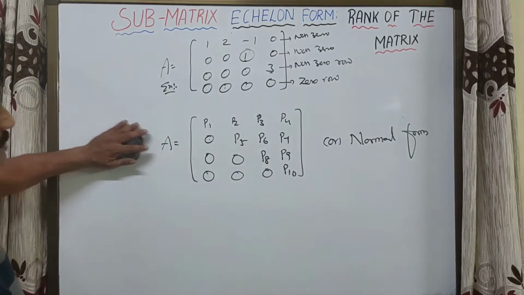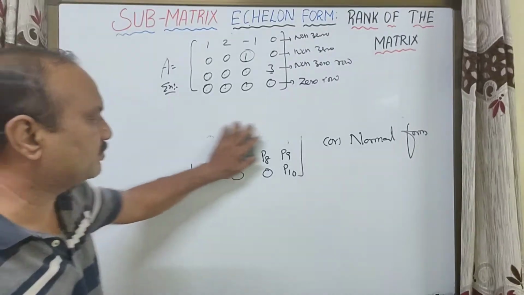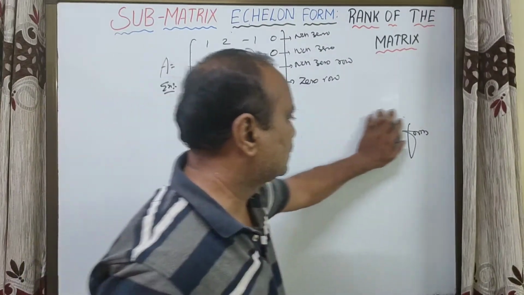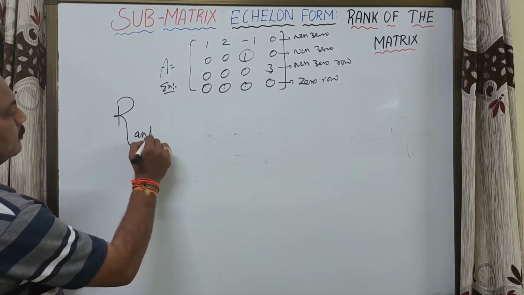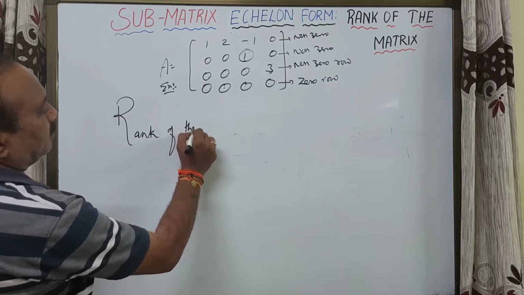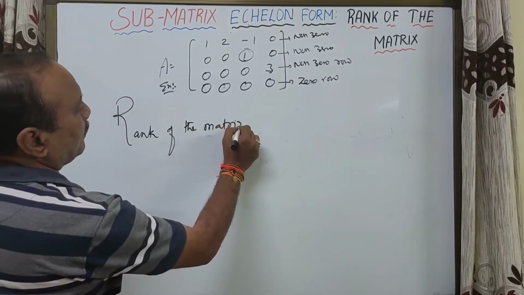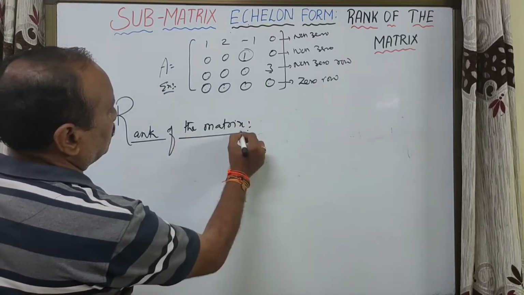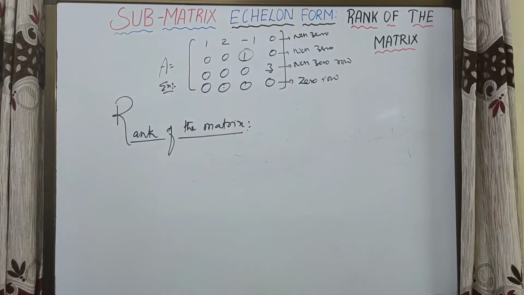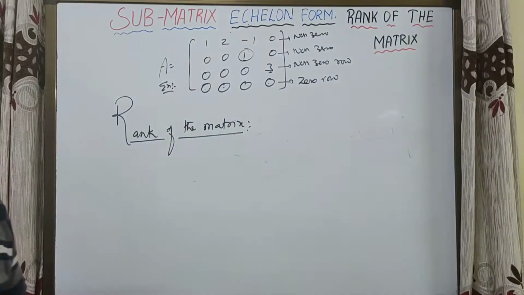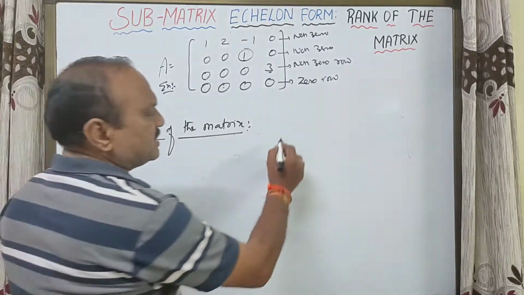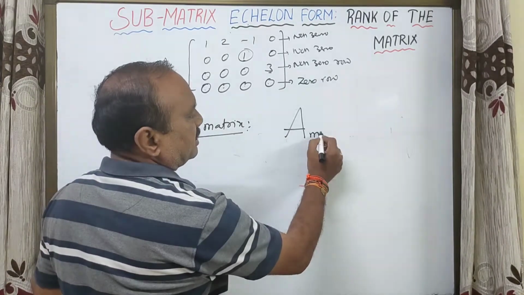Now, rank of the matrix. It is a very, very important definition. Dear students, definition of the rank of the matrix. A is any order, say m by n.